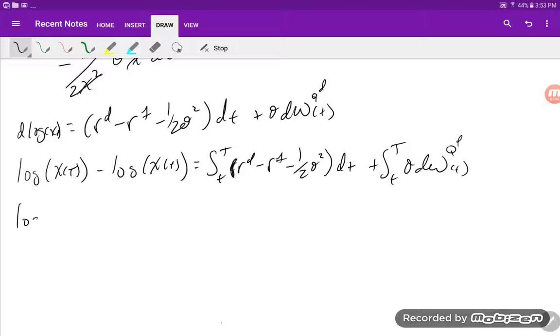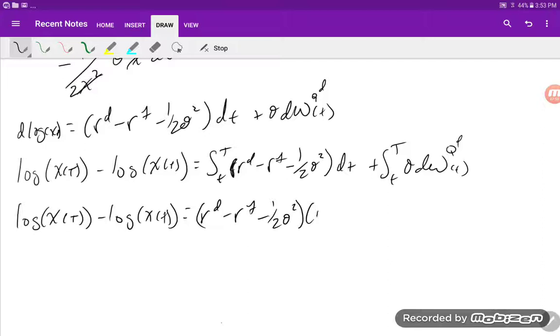We're just going to have log x_T minus log x at little t is going to be equal to (rd minus rf minus 1/2 sigma squared)(T minus t), and then plus sigma W^Qd. And I'm going to do this by just doing a subscript big T minus little t.